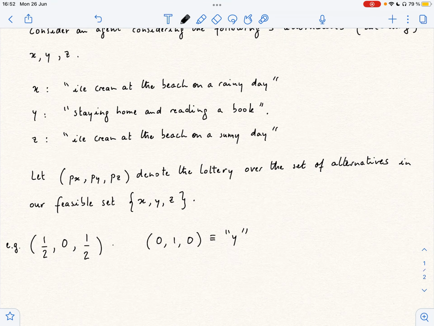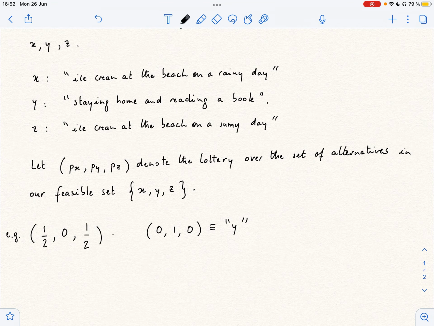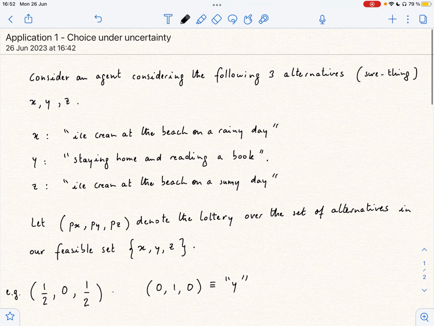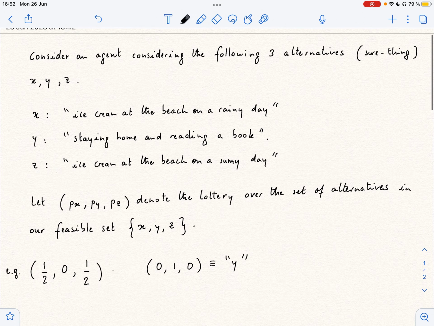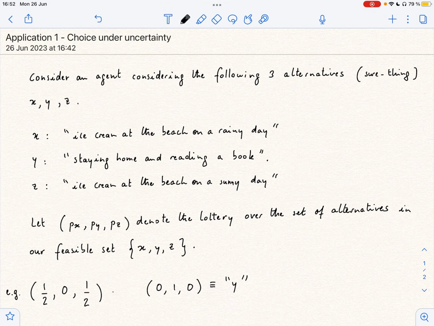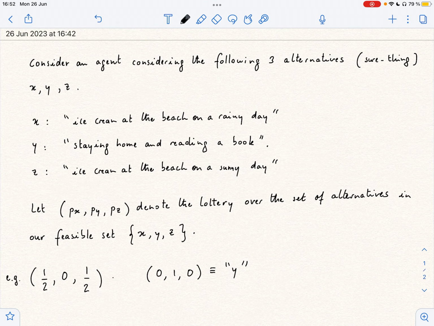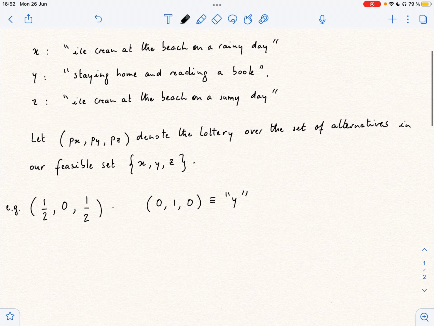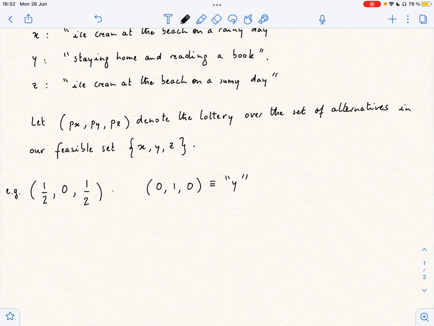So our goal is to understand how to model expected utility theory in this context. Okay? So to do so, we need to be able to have a preference ordering over lotteries, and we're going to use the preference ordering over alternatives to achieve this. Okay? So first, let's put a little bit of conditions.